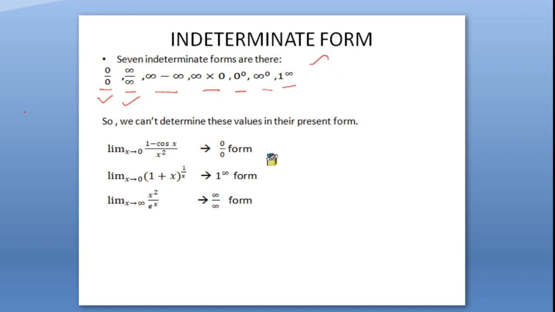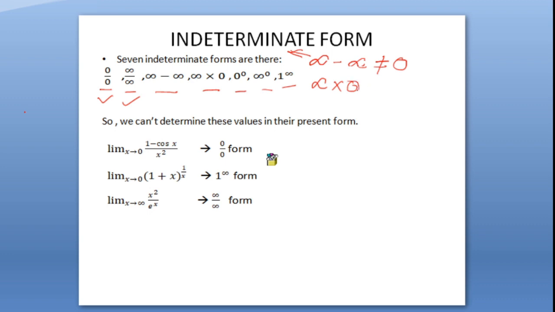But what about infinite minus infinite? It should be 0. Normally for any number, if we subtract that number from itself, it comes 0. But here, since we cannot determine a particular number, what particular number is this, therefore this should not be equal to 0. It will be an indeterminate form. Next, for infinite into 0.